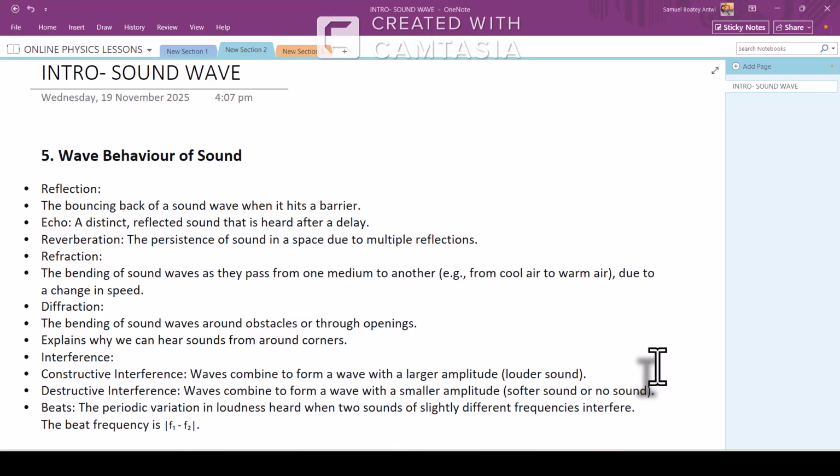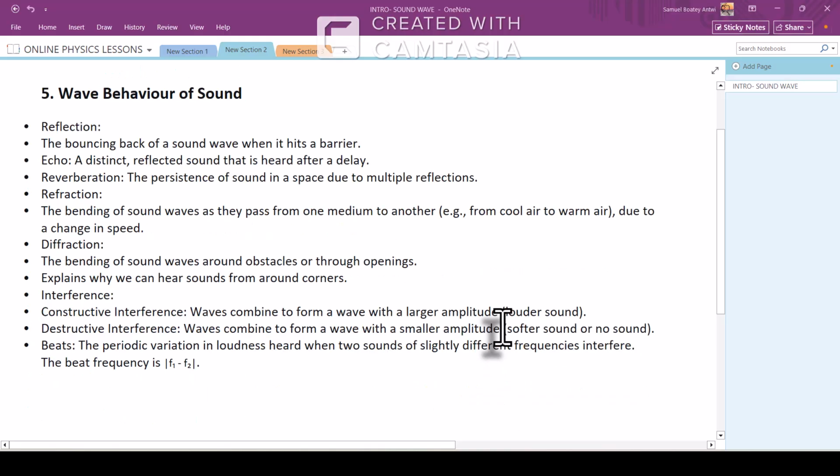With a sound wave, it is the bending of the sound wave as it passes from one medium to another. Like I said, the speed will change and the direction may also change depending on the medium. So the wave moves from one medium to another that is of a different density, and the two media should be of different densities for the wave to experience refraction.